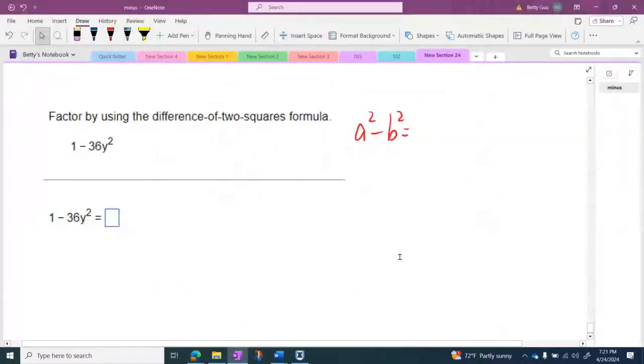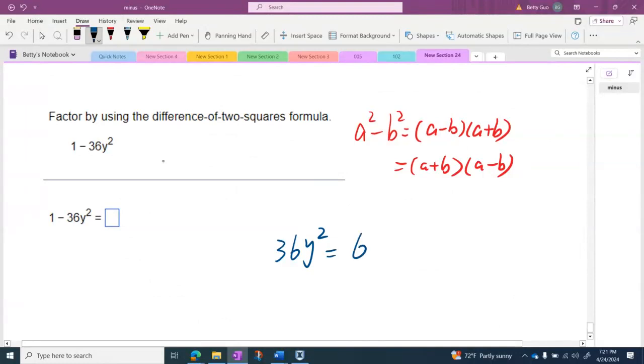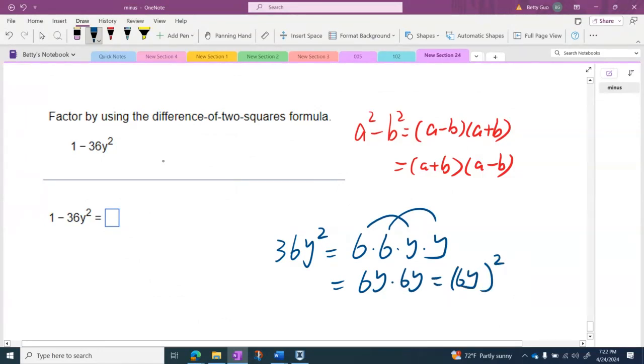All right, the formula is a squared minus b squared equals a minus b times a plus b, or a plus b times a minus b, really doesn't matter. And this binomial is a difference of two squares because 36y squared is 6 times 6 times y, and is 6y times 6y. It gives us the square of 6y. And 1 is 1 squared.